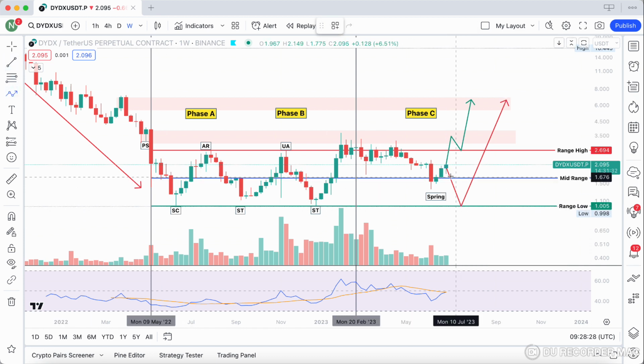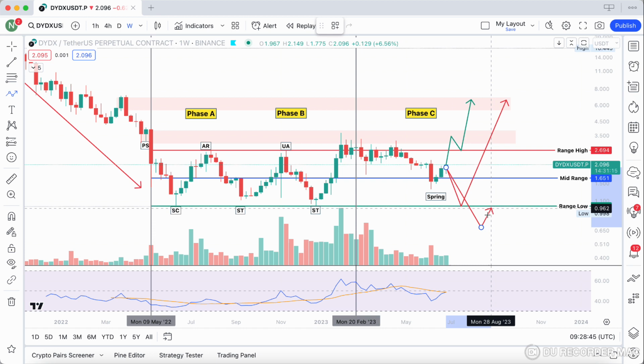Furthermore, if you are now forearmed with the knowledge I give you, even if you see a spring action below the range low, you need to know this is a shakeout. This is not a crying opportunity.